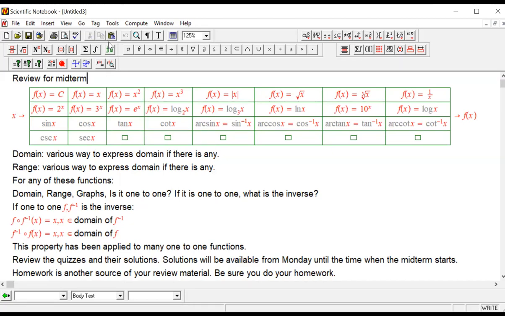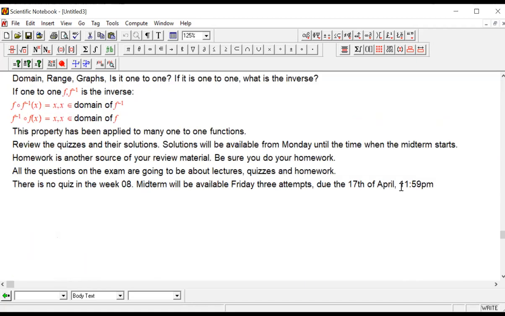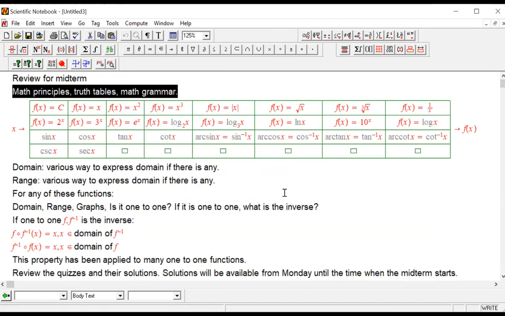Let me put math principles, truth tables, and math grammar and those basic things that were talked about at the beginning of the semester. So everything we covered will be tested, and you should review everything and make sure you understand everything.